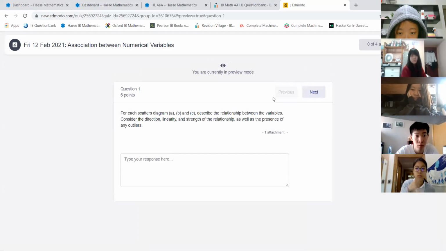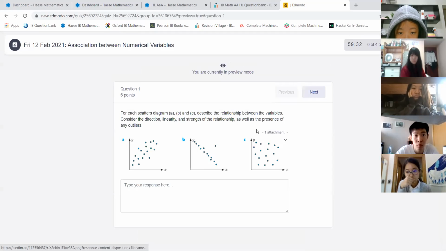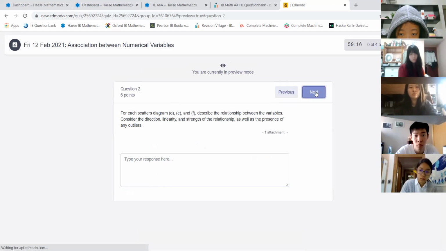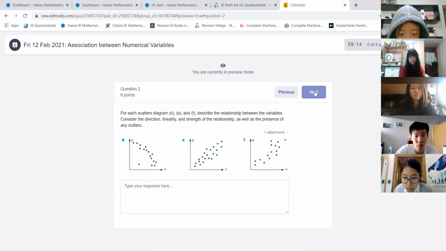Reason quiz. Okay. So this is a preview of what I needed you to do. You look at this, you type here A, you describe it, you type B, you describe it, and so on. Remember, I copied the same instruction: talk about the direction, the linearity, and so on. Then the other three I put here.